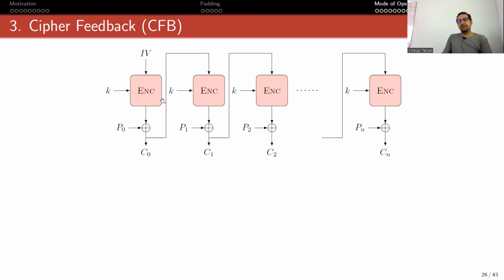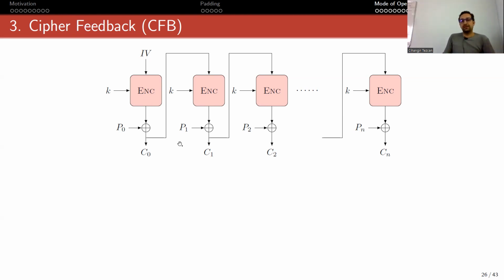So by saying that this turns it into a stream cipher, if you look at the outputs here, you are simply XORing them with the plaintext block. So you have the plaintext here, and you are XORing this plaintext with some random-looking output from this encryption process, which in stream ciphers we refer to as the key stream. So this is just an XOR operation.